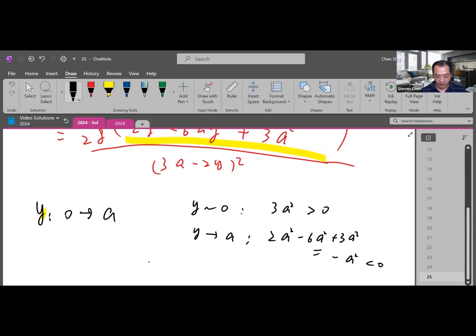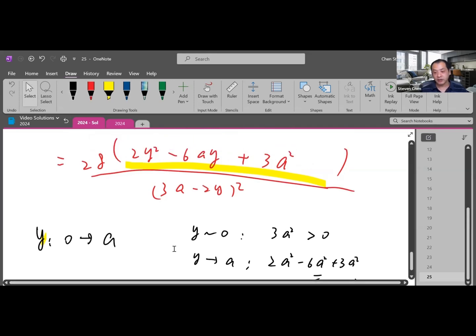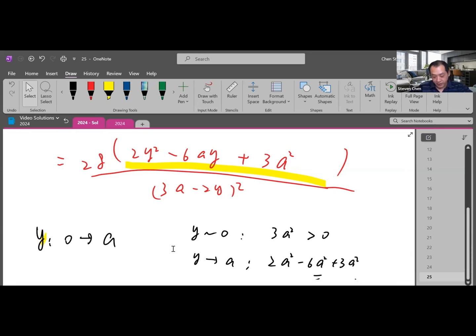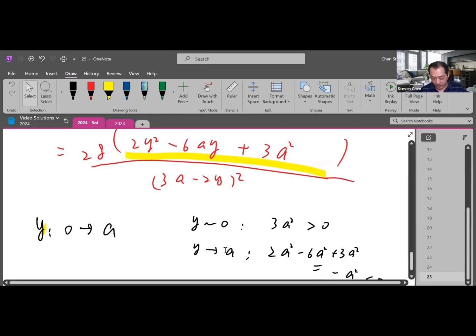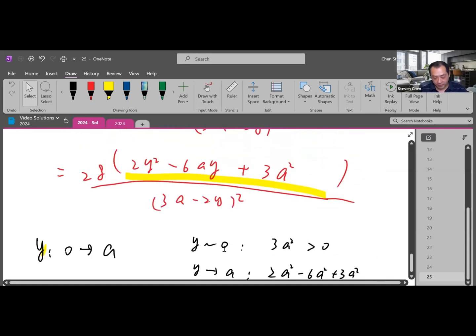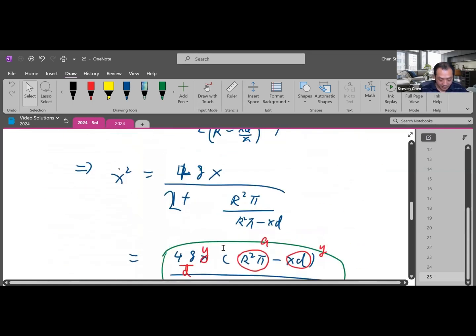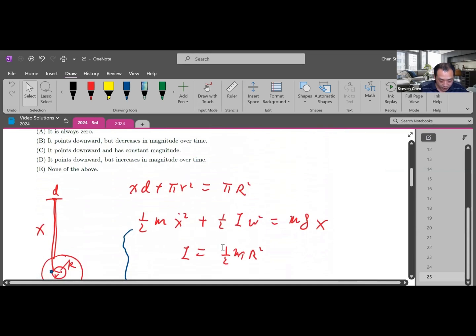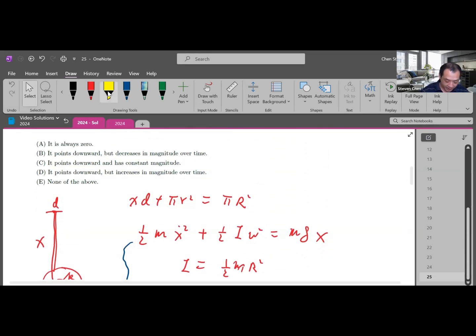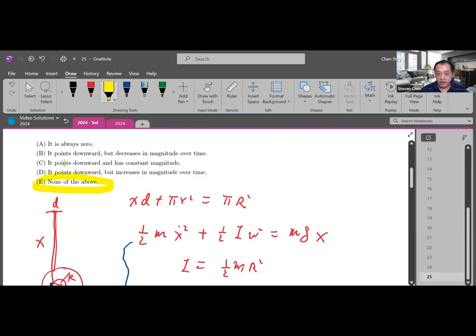So it's negative. So it tells us that for the entire motion, for the acceleration, initially the vertical acceleration is in the downward direction. And when the string is pretty close to being fully unfolded, then the vertical acceleration goes up. Okay? So by observing this fact, now we know which answer is correct. So we should select B.